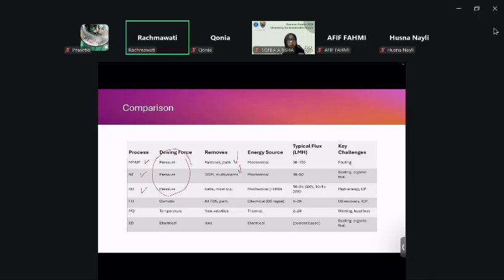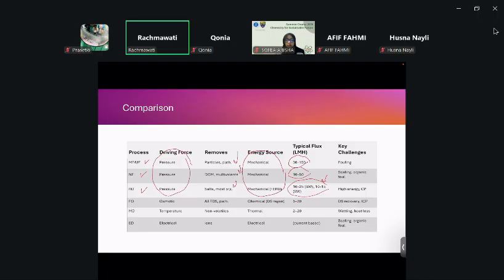As for reverse osmosis, you also want to remove salt and most organic materials. The energy source is, for example, mechanical or other. The typical flux in liters per square meter per hour is around this value. You can see that, for example, reverse osmosis actually has a lower typical flux.